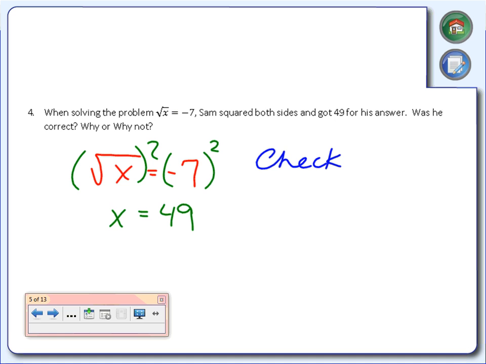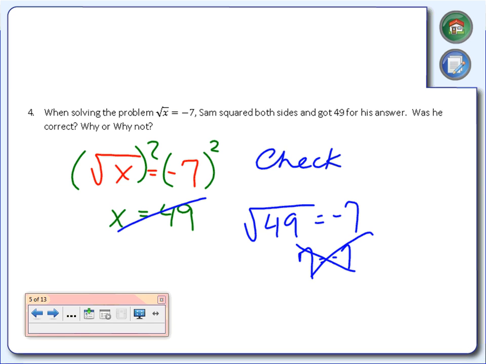Okay? So, we said the answer was 49. But look what happens when I check it. If I replace the x with a 49, what's the square root of 49? 7. Is 7 the same thing as a negative 7? No, 7 is not the same thing as negative 7. So this 49 that we got over here is incorrect. It doesn't work when you check it.